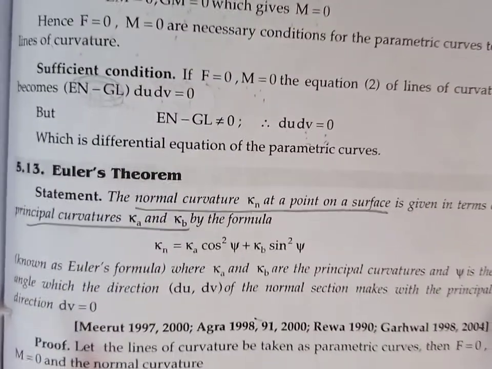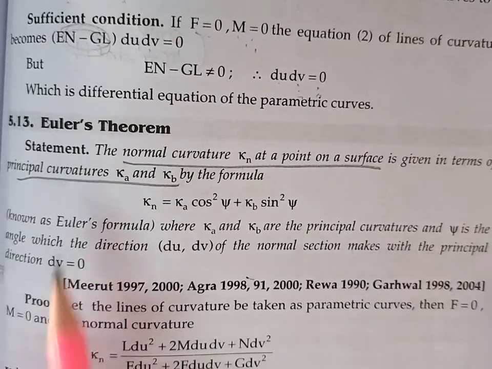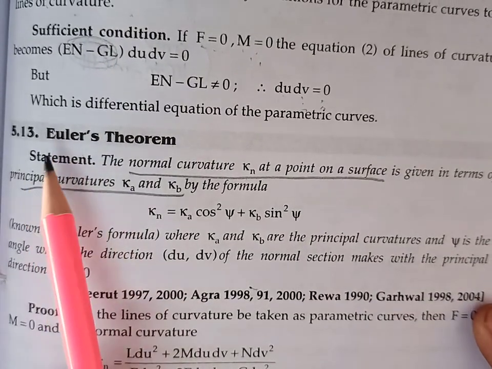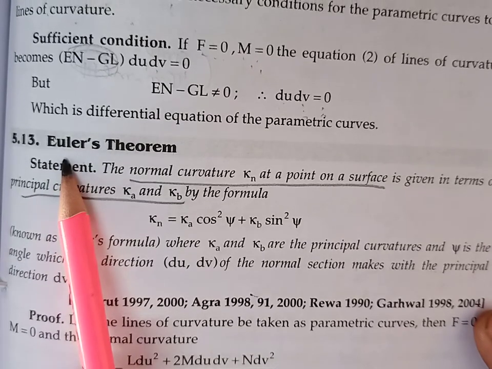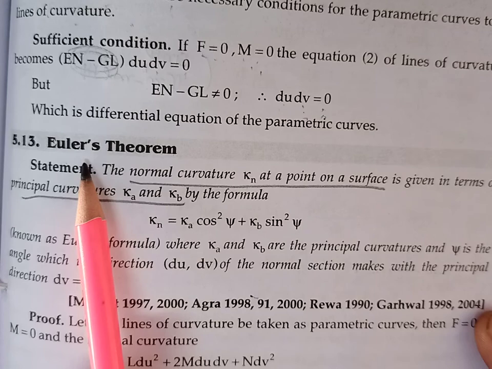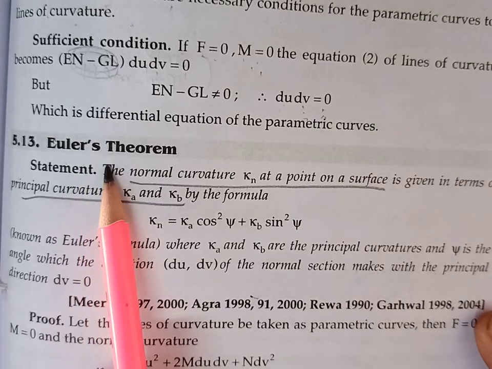Next, there is an important theorem in differential geometry, which is Euler's theorem. Euler's theorem gives the normal curvature at any point of a given surface in terms of principal curvatures.